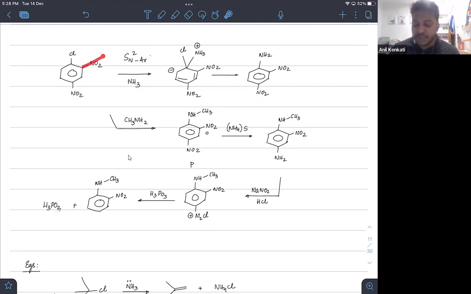For ArSN2 they need to have very strong withdrawing groups at ortho and para position. So for chlorine to leave, first, if ammonia is a nucleophile, first ammonia will attack on this position, get added up. So this is an addition elimination reaction.